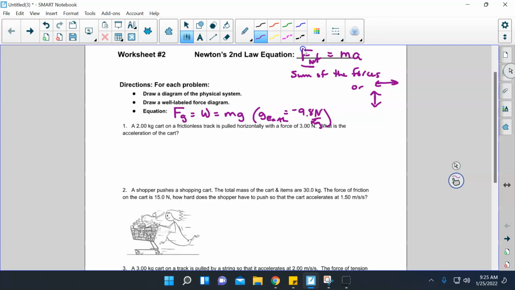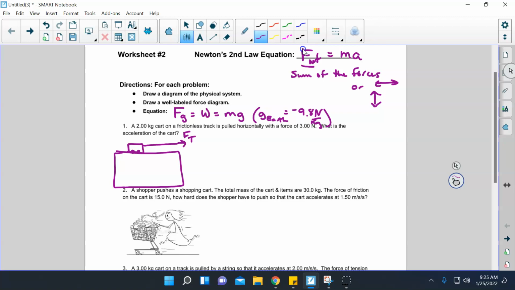Okay? So this first problem, my picture didn't run off here, but what it is, there is a table that has a block on it, or a cart, so let me say this is a cart, and it's pulled horizontally with a force of 3 newtons. We'll say this is a string that's pulling it, so it's going to be my force tension.